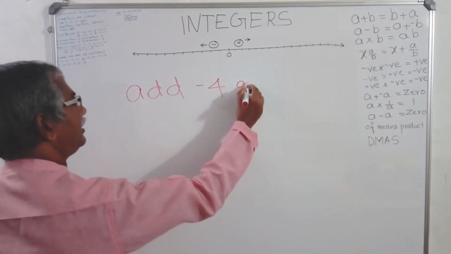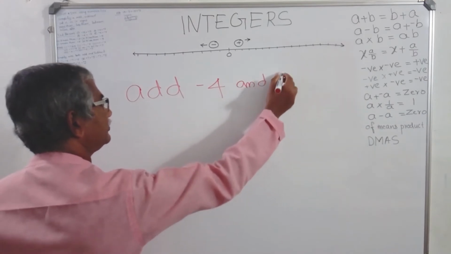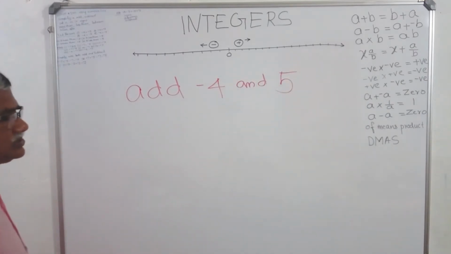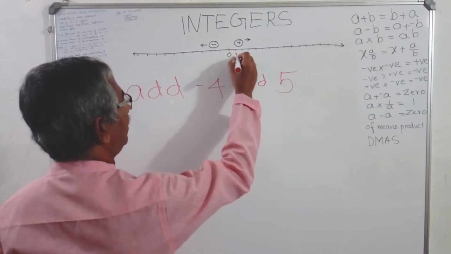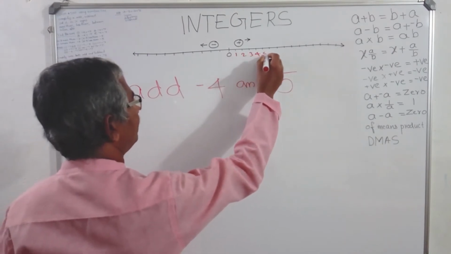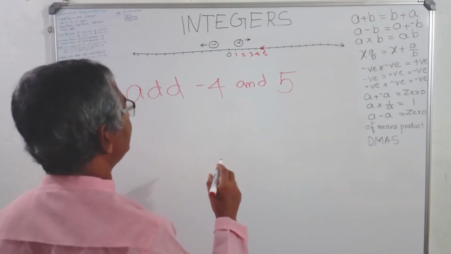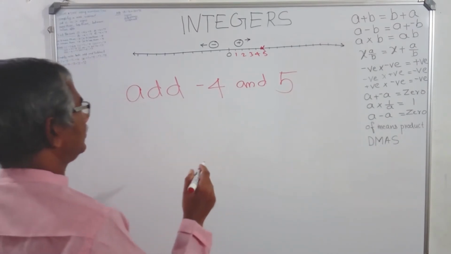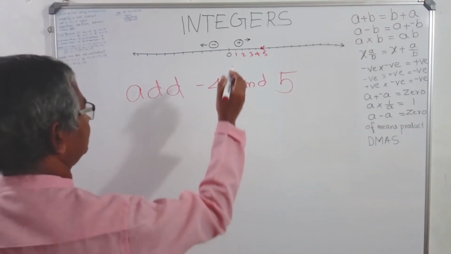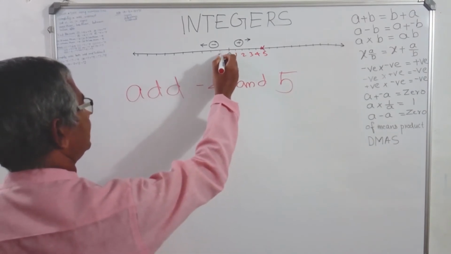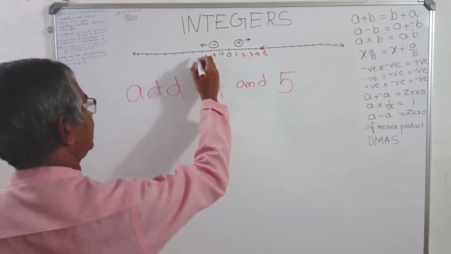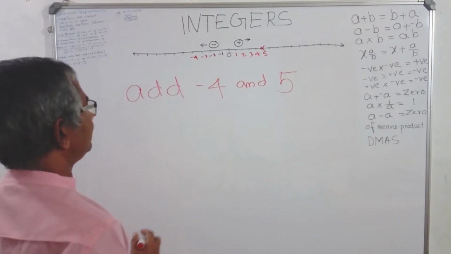Add -4 and 5. What does it mean? Here is 5: 1, 2, 3, 4, 5. And -4, where will -4 be? Before 0: -1, -2, -3, -4.